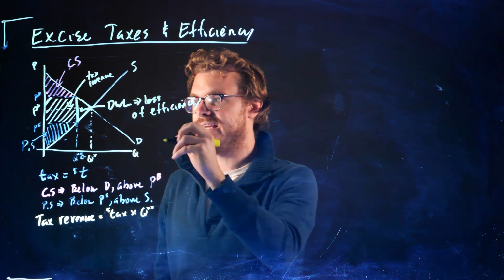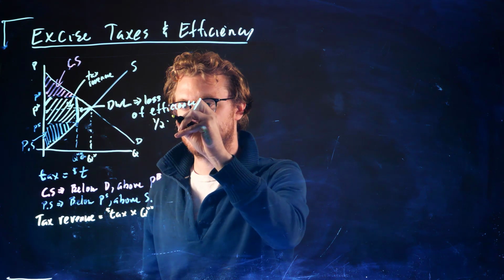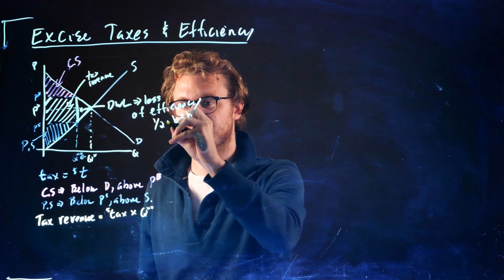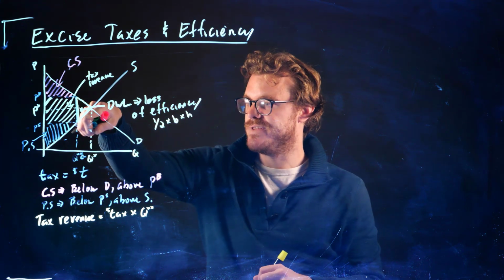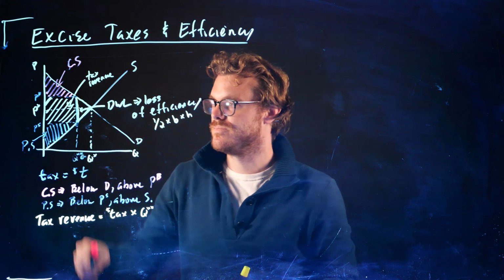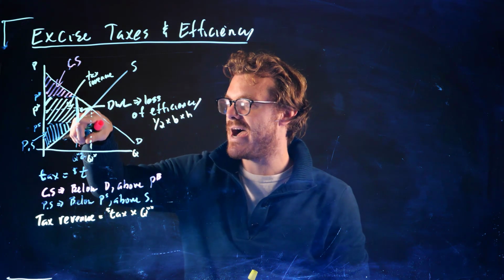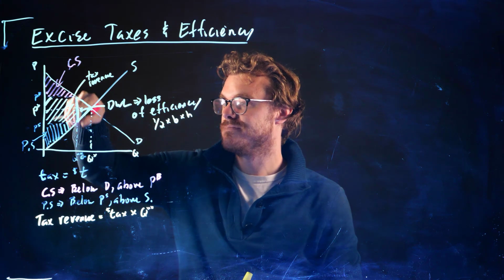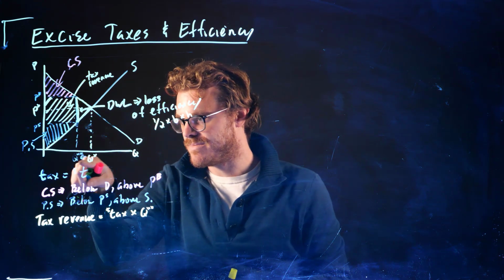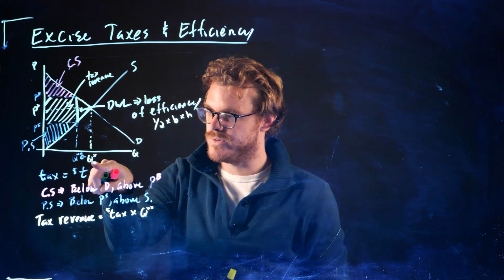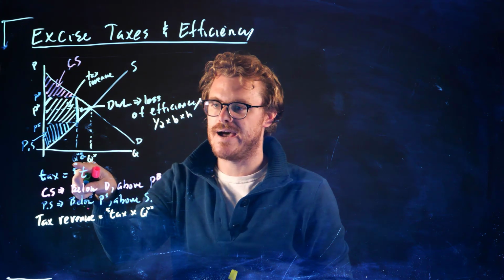Remember, if we want to calculate the area here, 1/2 base times height is the area of this triangle. So the size of the tax is the base of this triangle, and the height is going to be the difference between the equilibrium quantity and this new quantity after the tax.